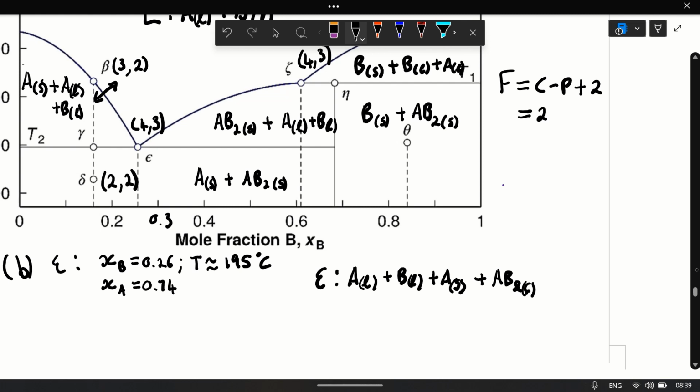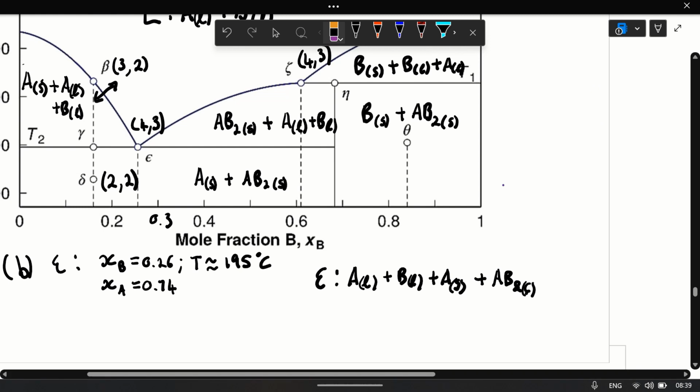So you have 2 minus your number of phases, 3, plus 2. So you have one degree of freedom, and that makes sense. You can move along the line. Anyway, cool. So now you have that.